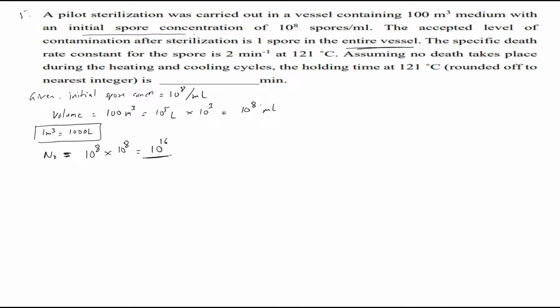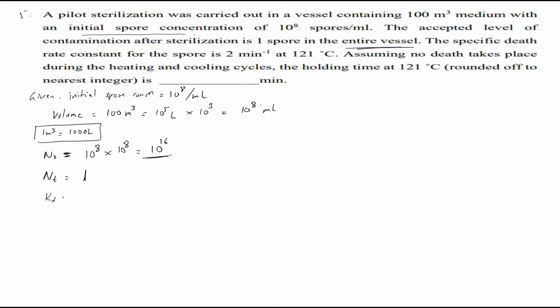Now, the accepted level of contamination after sterilization is 1 spore in the entire vessel. So after sterilization, the accepted level is only 1 spore in the entire vessel. So the final spore count is 1. The specific death rate constant for the spore is 2 per minute.